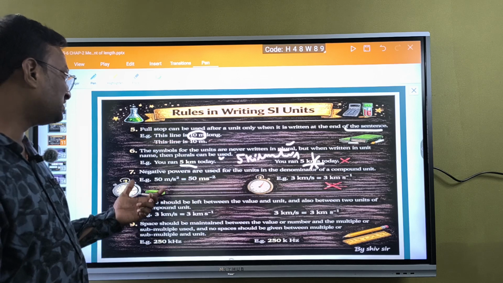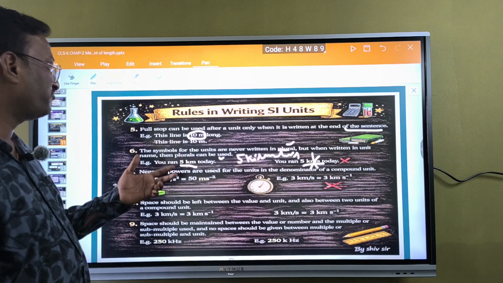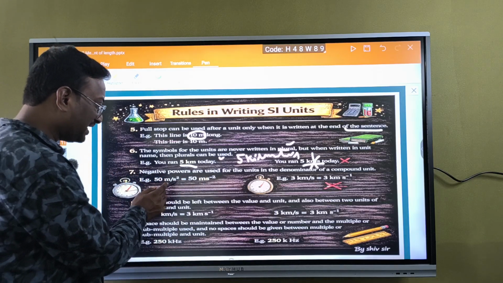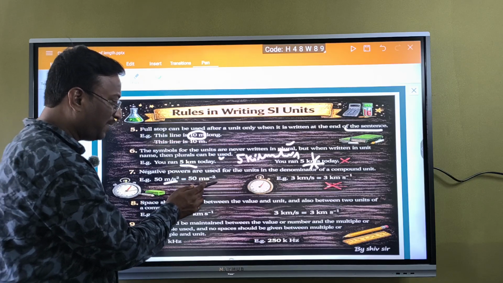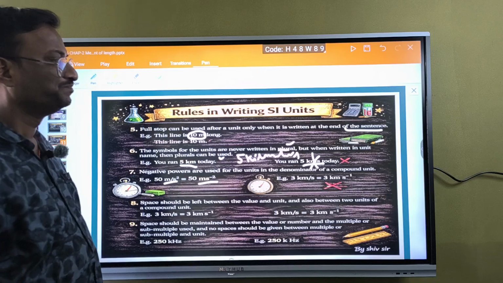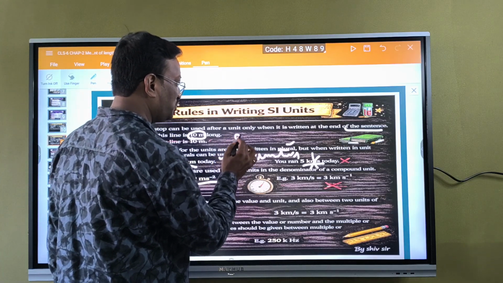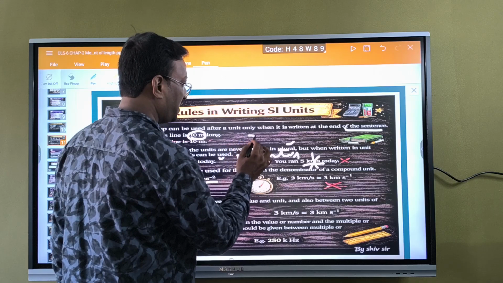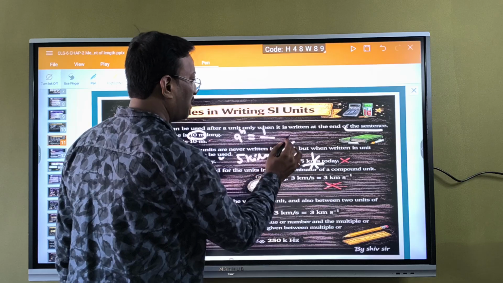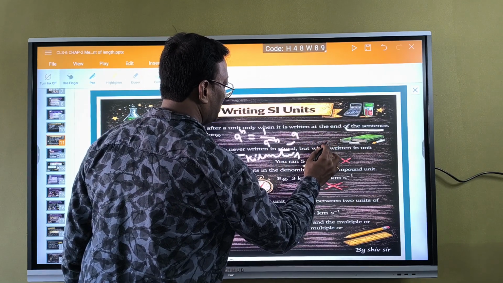Next, negative powers are used for the units in the denominator of a compound unit. For example, 50 meter per second. See, per second square can be written as second power minus 2, because in mathematics, in the laws of indices, we have one formula: a to the power of n can be written as 1 by a power minus n, or a power minus n can be written as 1 by a power n.